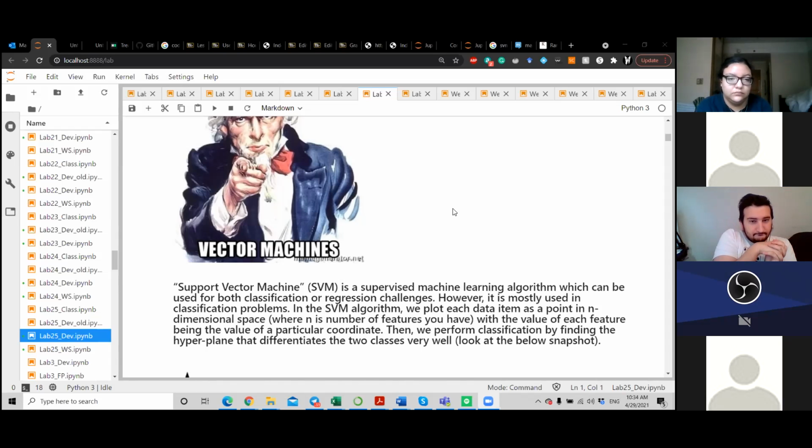And in this algorithm, we plot each data item as a point in an n-dimensional space, where n is the number of features you have. So if you have 2 inputs, we can plot it on a 2-dimensional graph. If you have 3 inputs, we can plot it on a 3-dimensional graph. But if you have more than 3, it is visually impossible for us to present it.